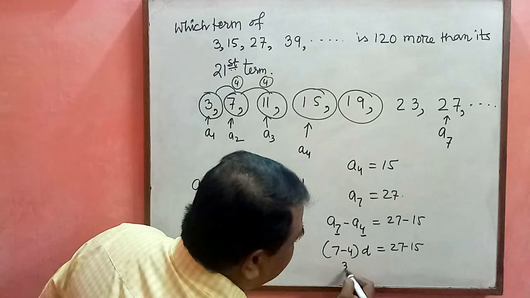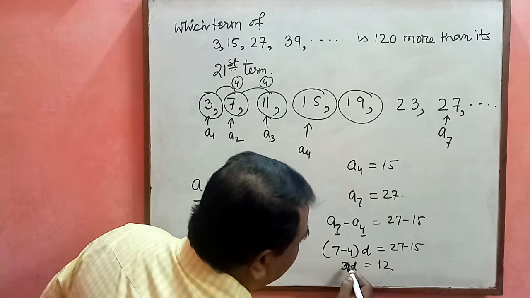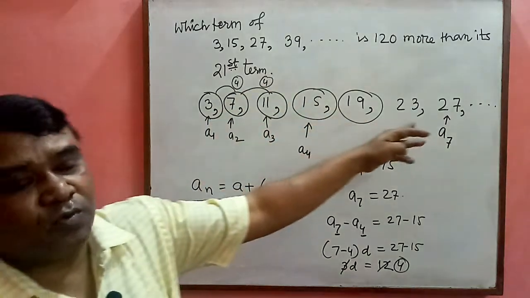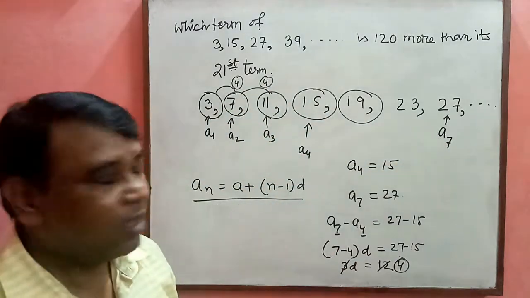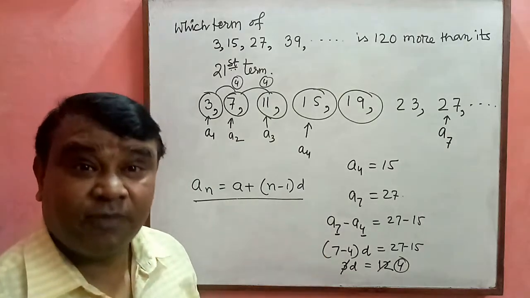So 3d is equal to 12, so d is 4. You see, we have got d equal to 4. That means we can find the common difference if two terms are given.